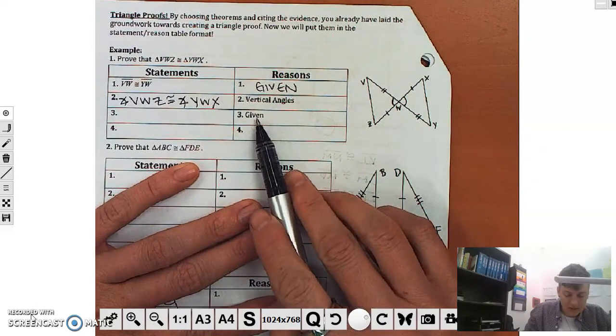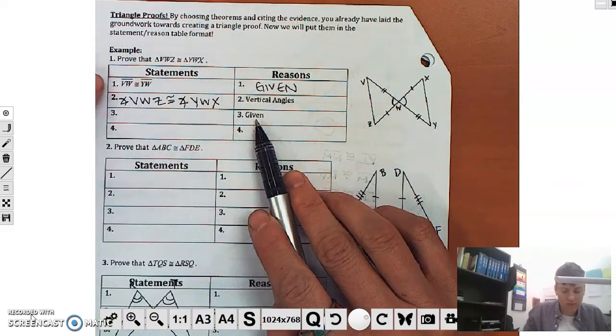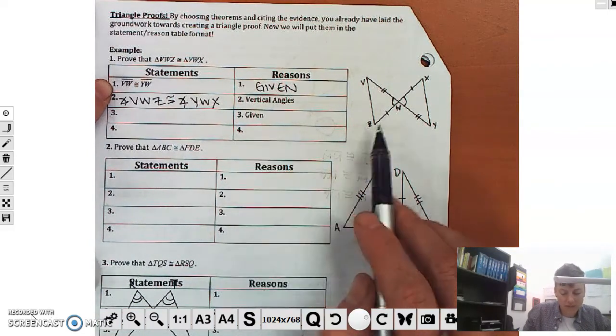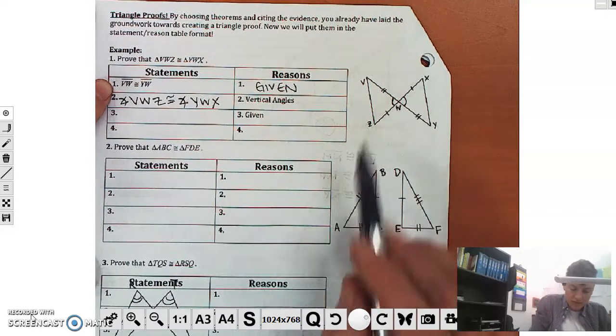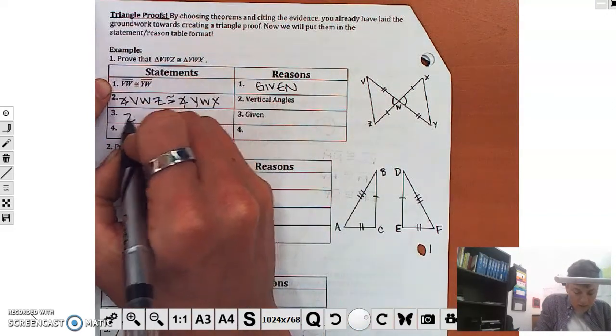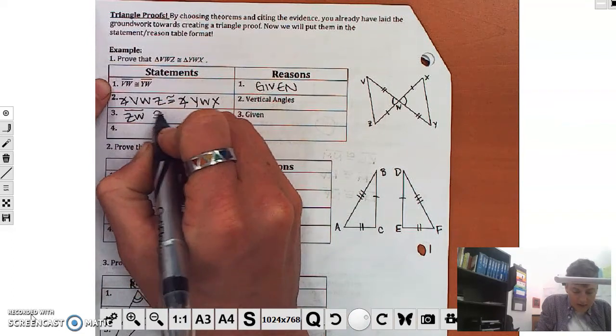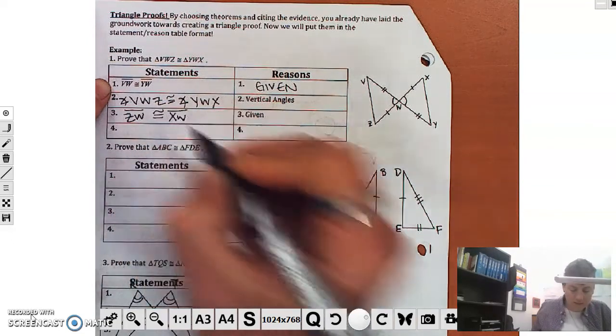It says given again. What else is true from the diagram that we didn't mark up? Well, we talked about VW being congruent to YW, but ZW is also congruent to XW. Ooh, ZW is congruent to XW. Très bien.